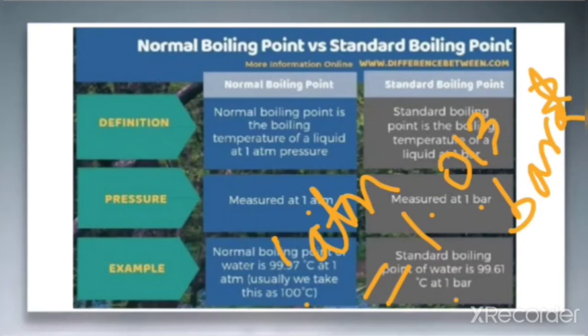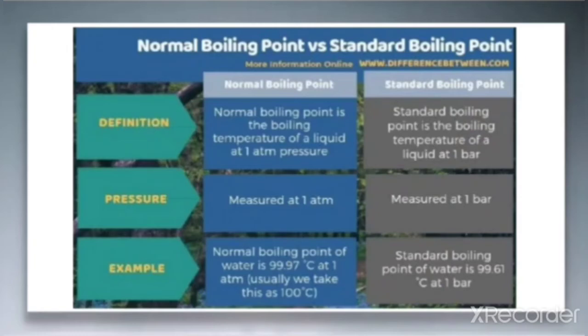That's why there is a variation in the values of the boiling point: 99.9 degrees Celsius for the normal boiling point and 99.6 for the standard boiling point. So this is all about vapor pressure. In detail, we'll be learning about vapor pressure and its relations in the 12th standard.